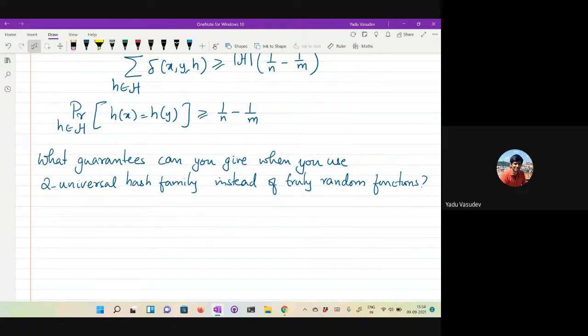We had this bound about the expected load in each of the bins as well as the maximum load.